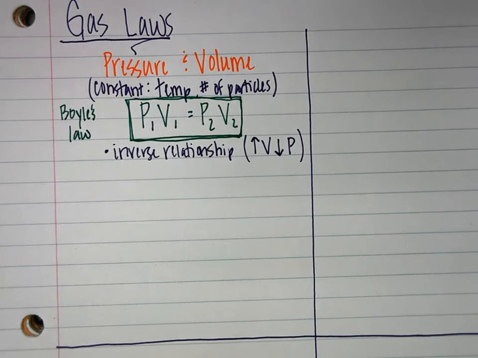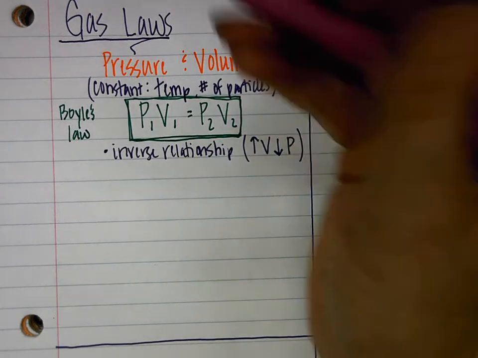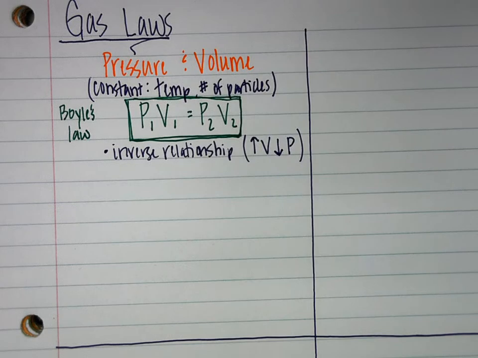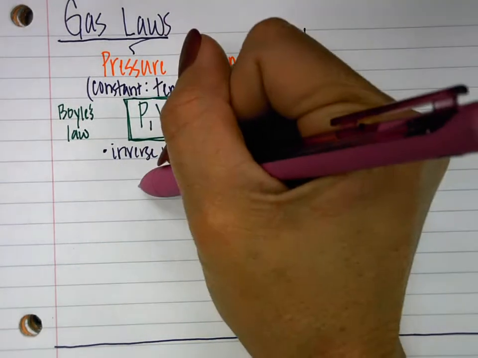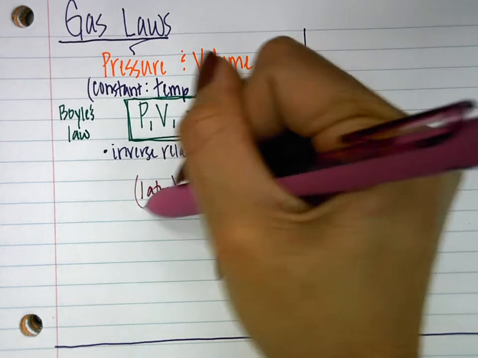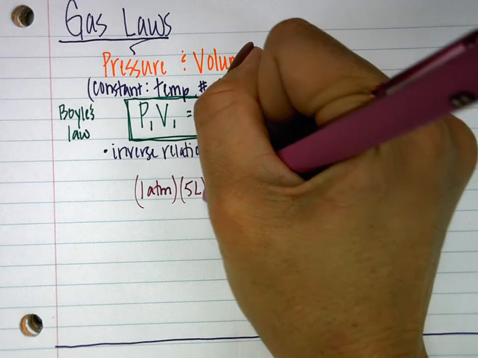Okay, and also to think about this as an inverse relationship, using this gas law, I'll plug in some fake numbers for instance. Say our pressure was like 1 atm, and our volume was 5 liters.